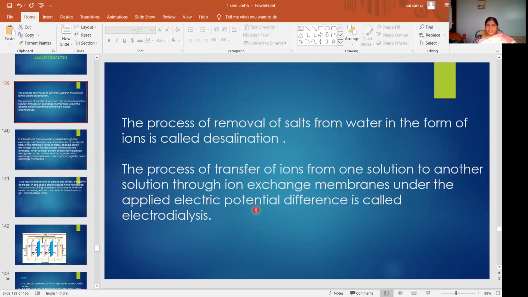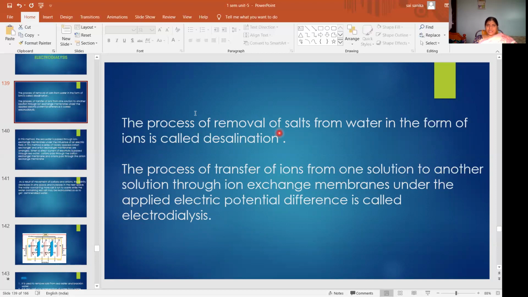Once again, the definition: under the applied electric potential difference, that is EMF, the process of transfer of ions from one solution to another solution through ion exchange membranes is called electrodialysis. If only electrodialysis is asked, write this.